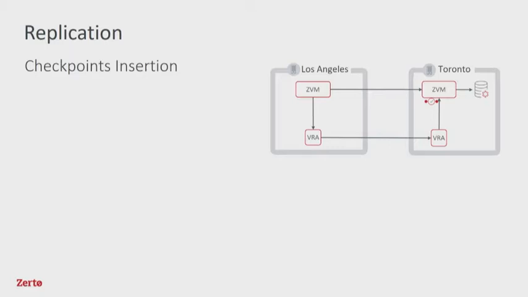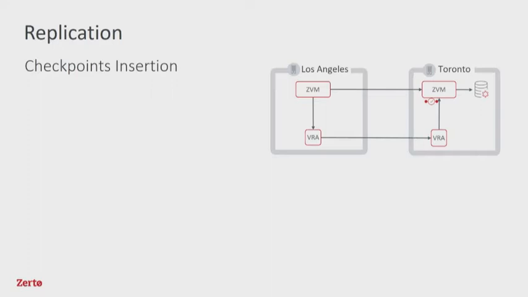It starts off by sending the checkpoint to the protected site VRA, and the protected site VRA that protects all the volumes of the protection group will send it to the recovery site VRA along with the data that is being replicated. It arrives on all VRAs on the recovery side that are relevant to that protection group.